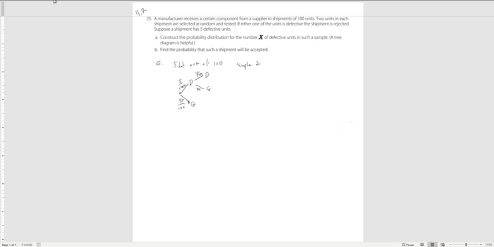I'm going to erase that because there's still 95 good ones out there in that process, right? Because we found one of the bad ones, so there are 95 good, so there's still 95 out of 99.